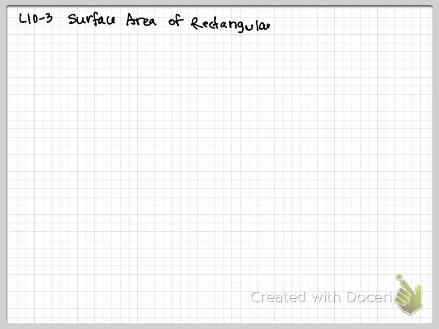Hey guys, today we're going to talk about a different perspective of prisms, and we're going to talk about surface area. So this is lesson 10-3, surface area of rectangular prisms.